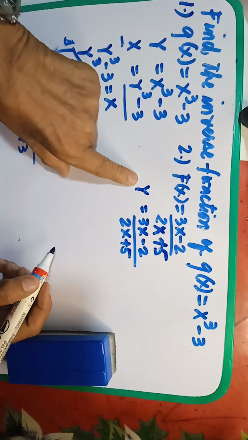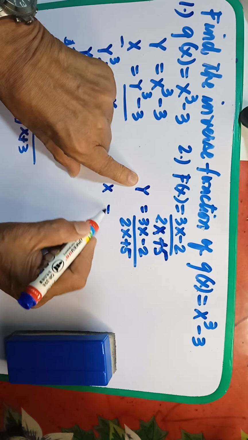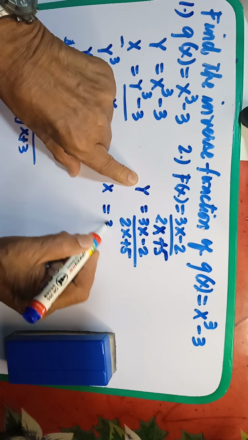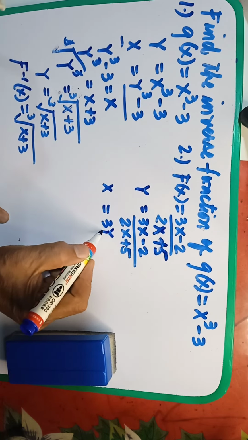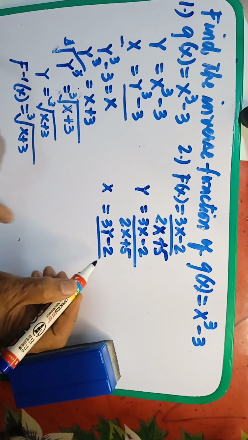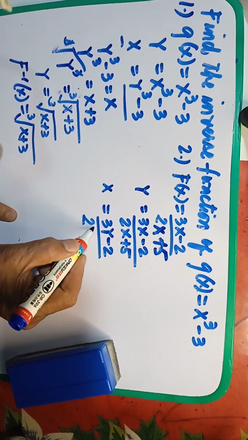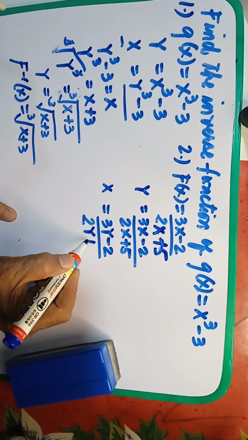Here we go. We are going to change y to x and x to y: x equals 3y minus 2 over 2y plus 5.